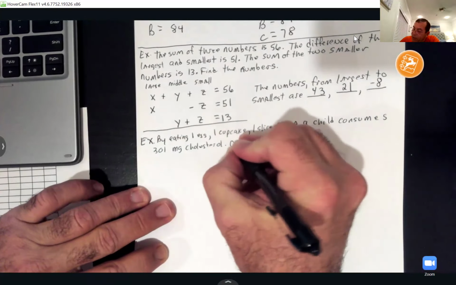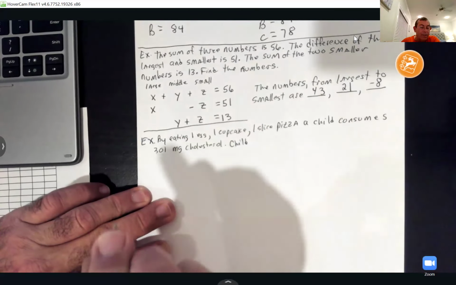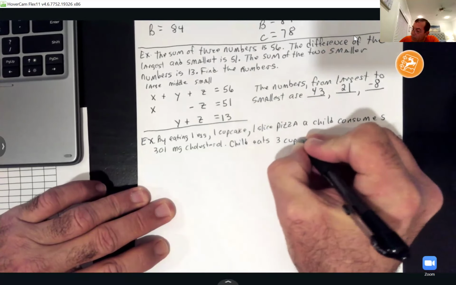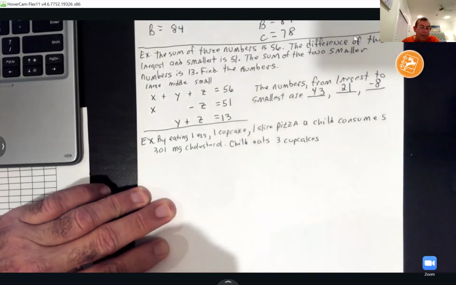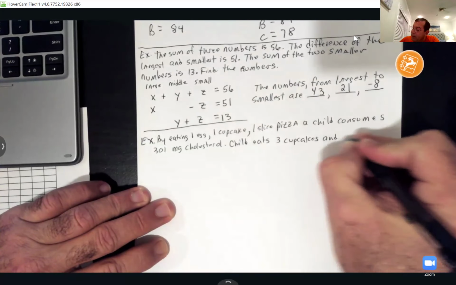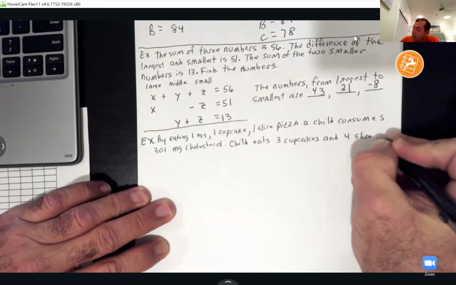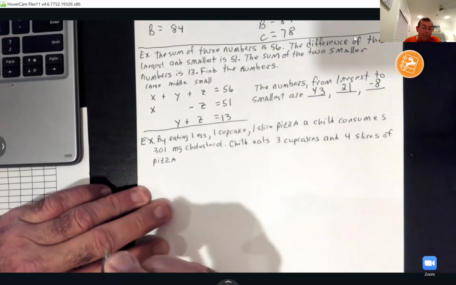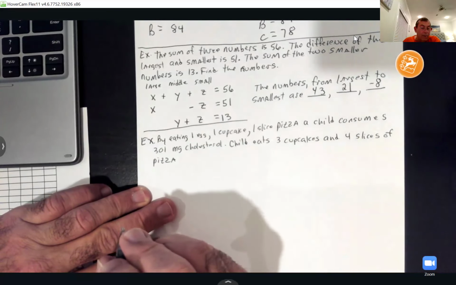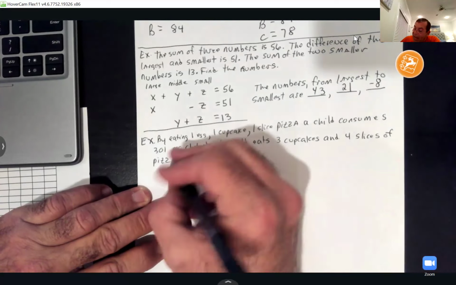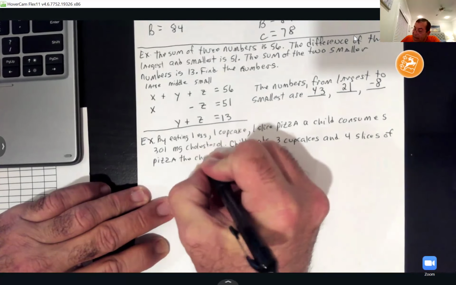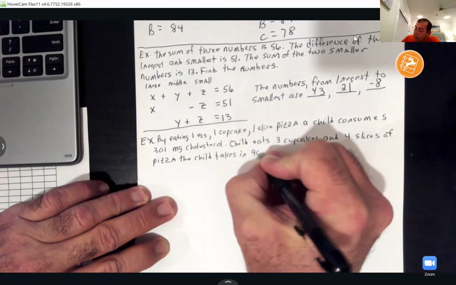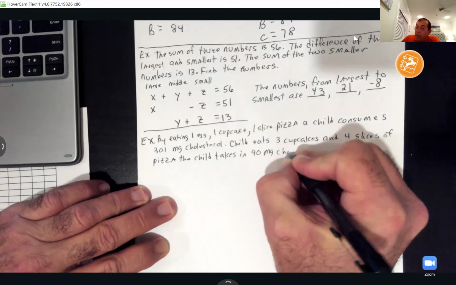Next it says, if the child eats 3 cupcakes and 4 slices of pizza, the child takes in 90 milligrams of cholesterol.